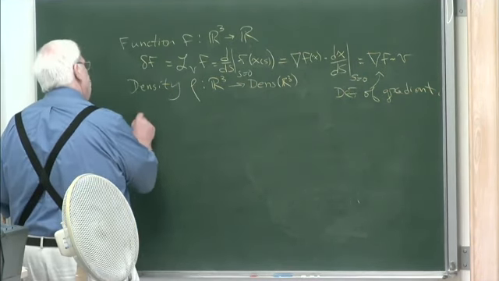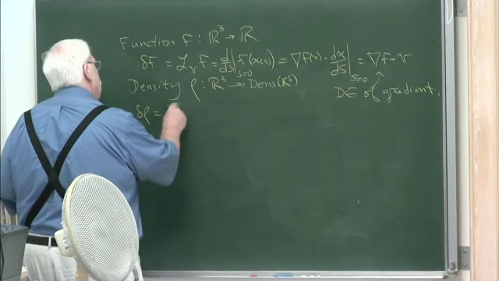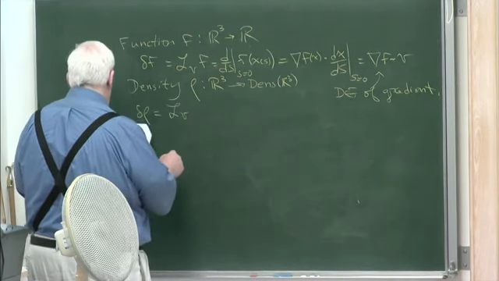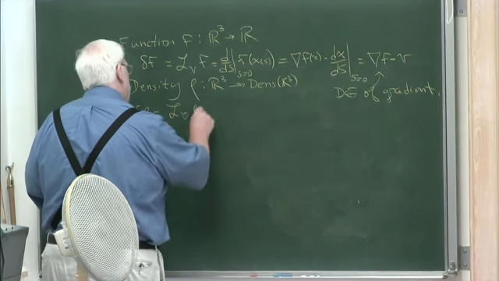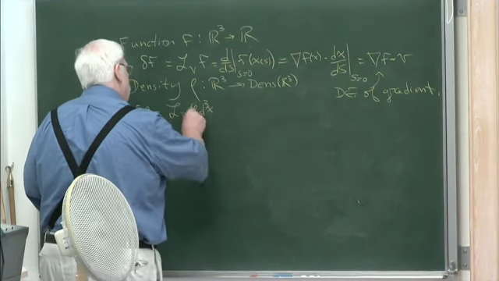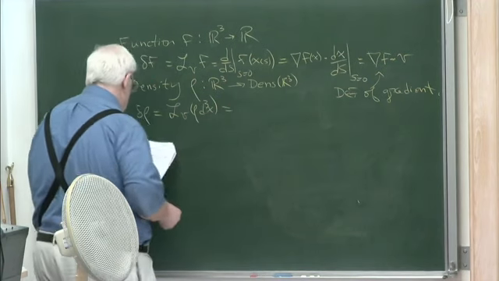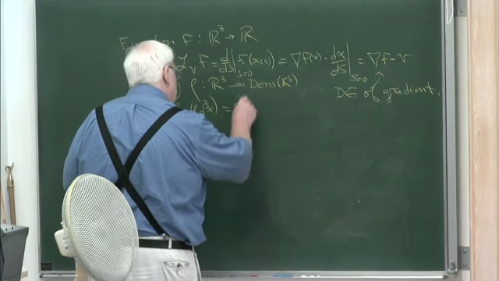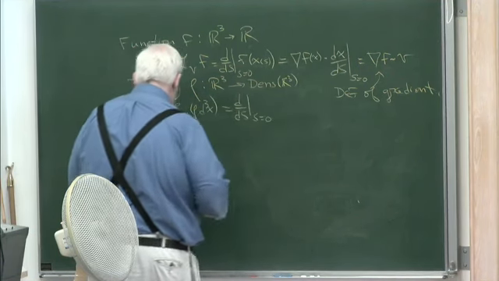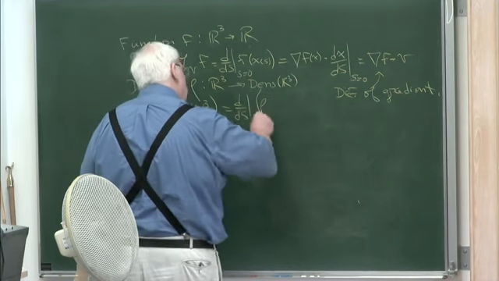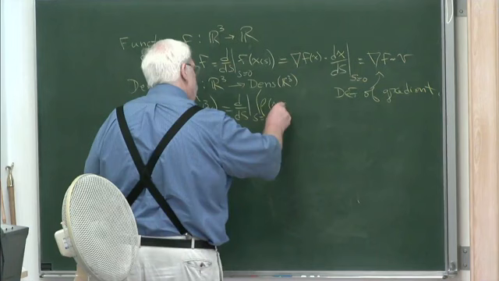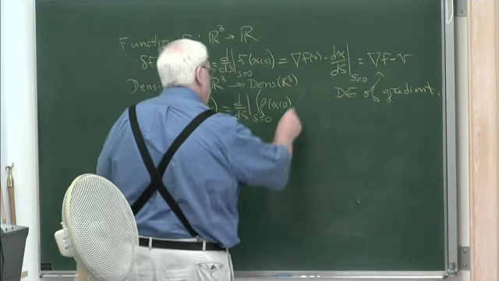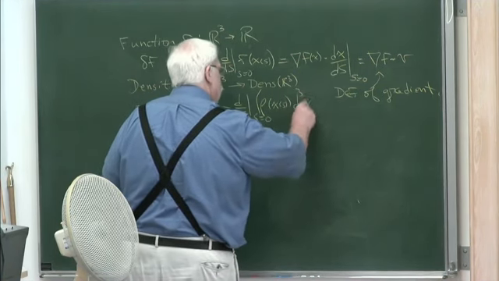Okay, so delta rho is the Lie derivative with respect to v of rho times d3x, which is d by ds at s equals 0 of rho of x of s d3x of s.